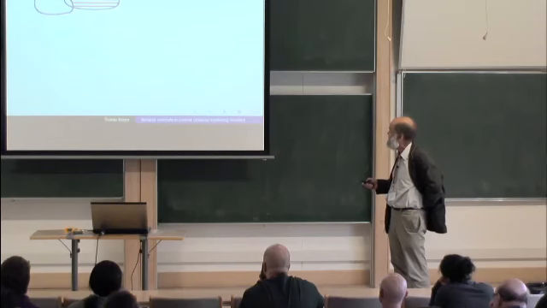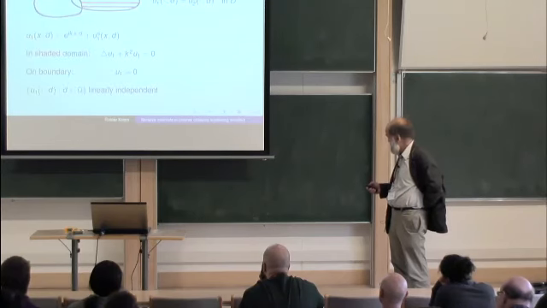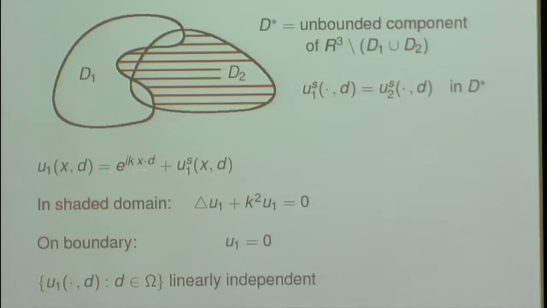And then what we can show is that the total waves for different incident directions are linearly independent. This is basically due to the fact that the plane waves are linearly independent and these guys decay at infinity. So we have infinitely many eigenfunctions for the negative Laplacian, but this is a contradiction now because the eigenspace of the Laplacian is finite dimensional.